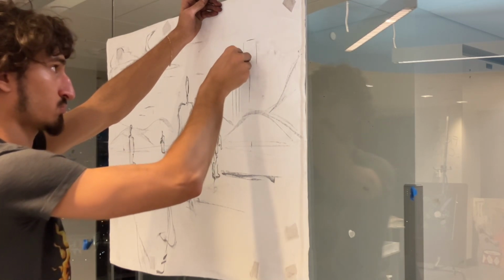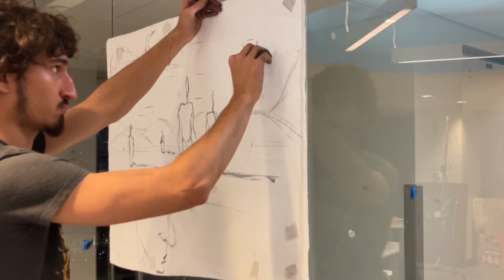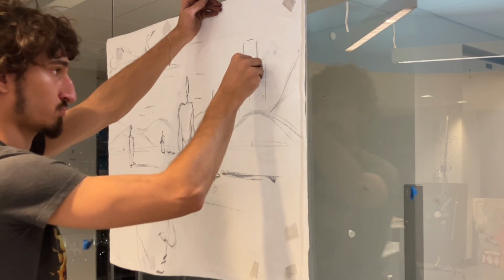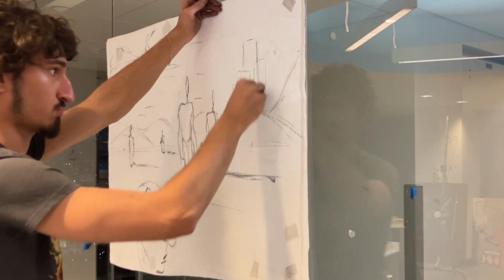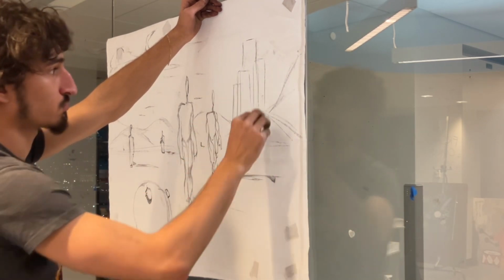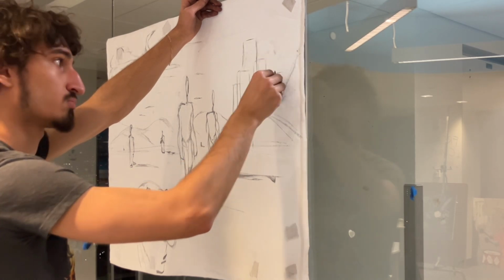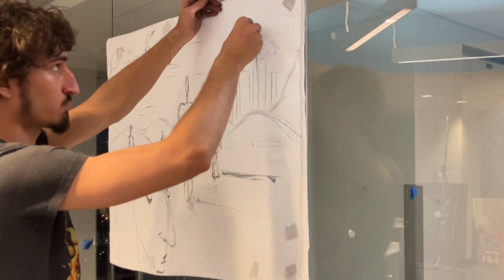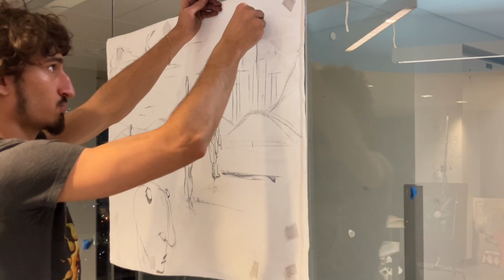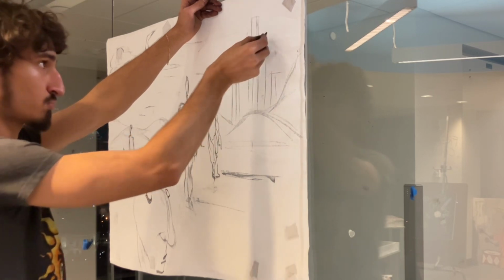The other day in my class, one of my classmates asked me how I draw so fast. I'm just a fast guy. Everything that I do is very fast. Run fast, talk fast, think fast, metabolize fast, draw fast, walk fast, eat fast.